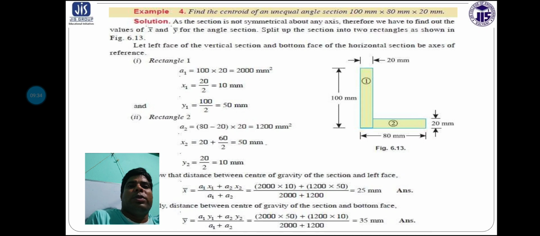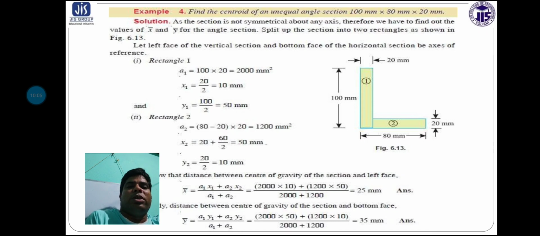So first of all, split the section into two rectangles as shown in the figure. So let the face of the vertical section and the bottom of the horizontal section be the axes of reference. So for rectangle 1, that is actually the first case, A1 will be 100 into 20, x1 will be 20 by 2, and y1 is equal to total height 100, so 100 by 2, so 50 millimeter.